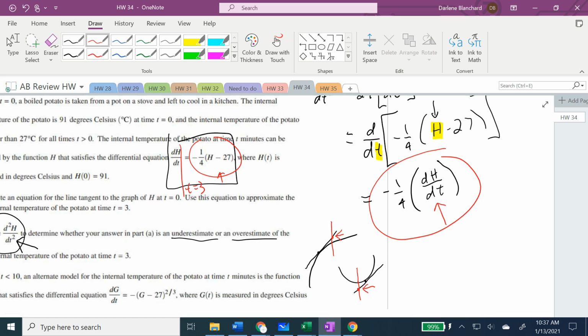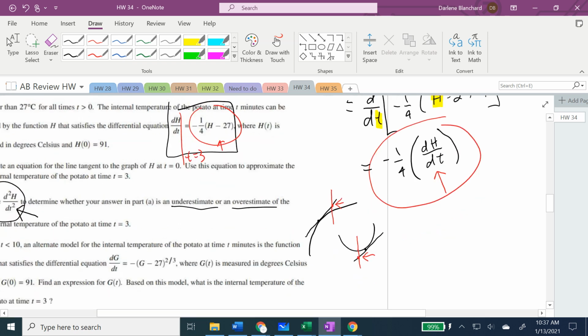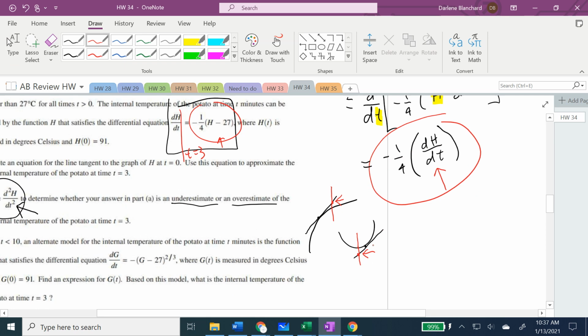I don't have t in that equation. I have h in the equation. Now, what I need to do is look at the point of tangency, because it is all about, at that point of tangency, am I drawing a tangent line that is under or over the curve?